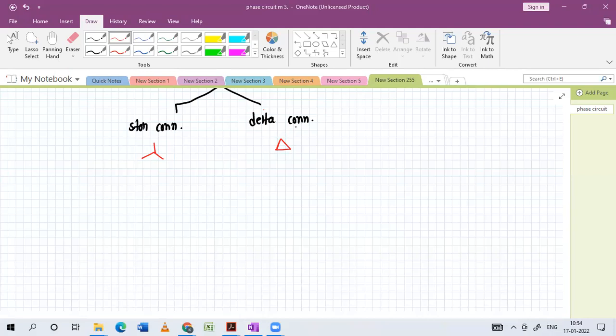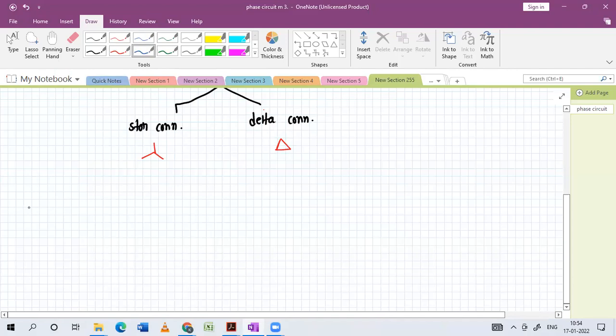Now we are going to derive the relationship between line voltage and phase voltage in the case of star connection. That is the theory which is very important. So now give your full concentration over here. What is the theory?